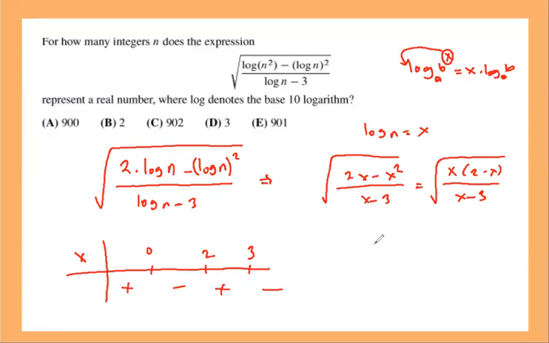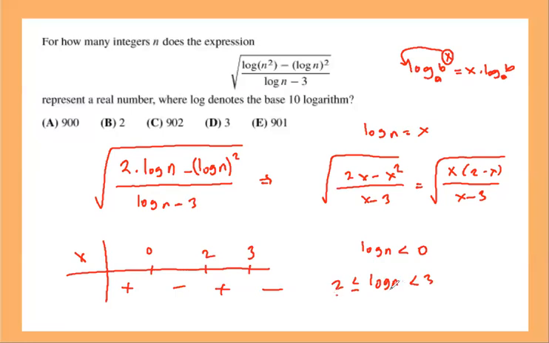But be careful, x is log n, so log n is going to be smaller than 0, or log n is going to be smaller than 3 but at least 2. Keep in mind that 3 cannot be the value, so you cannot have 3, but you can actually have 2.